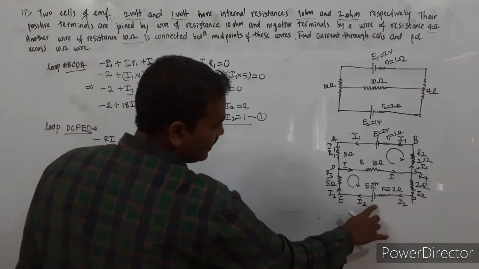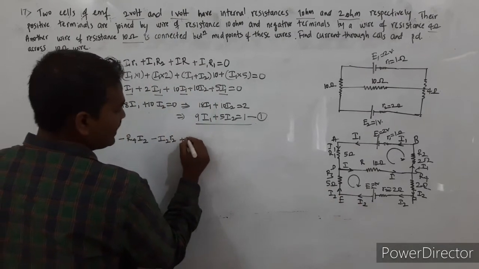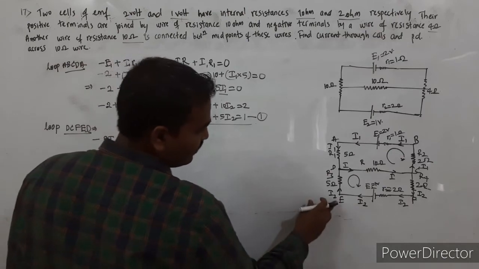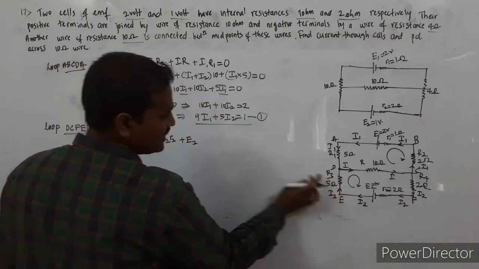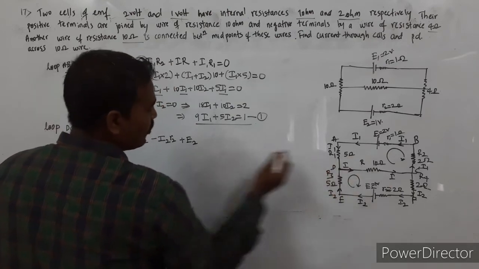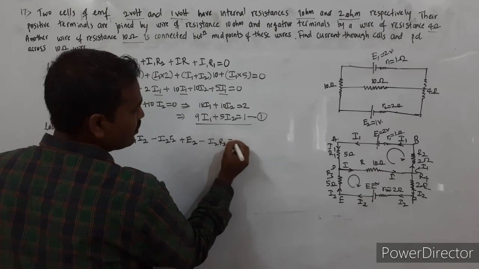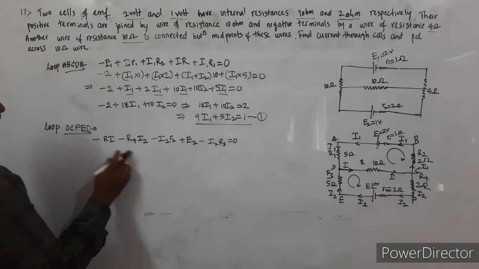Then there is a cell, and the direction is from lower potential to higher potential, so I take the EMF as plus E2. Then from E to D, the current is I2 and the resistance is R3. That is also clockwise, so I write it as minus I2 into R3 is equal to 0. Let us substitute the values and simplify this.